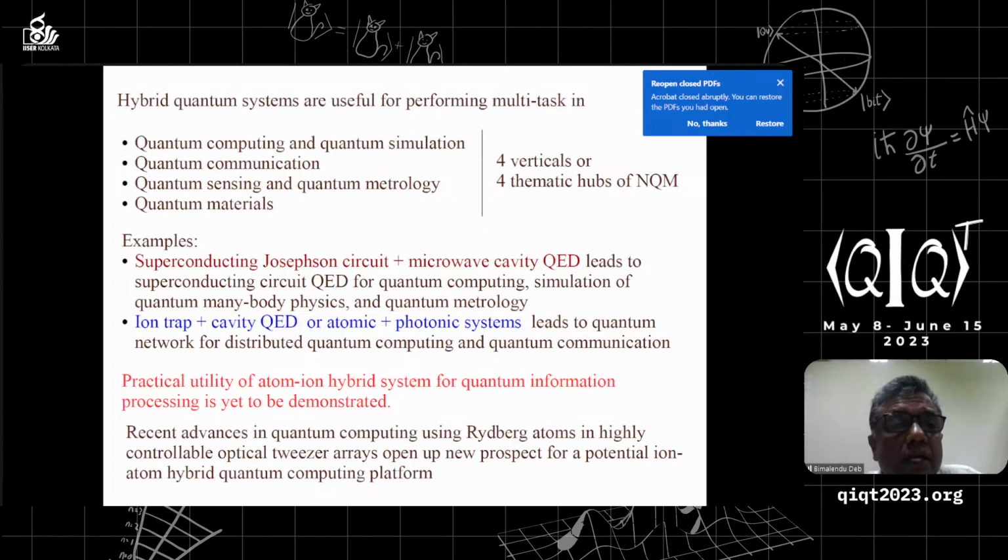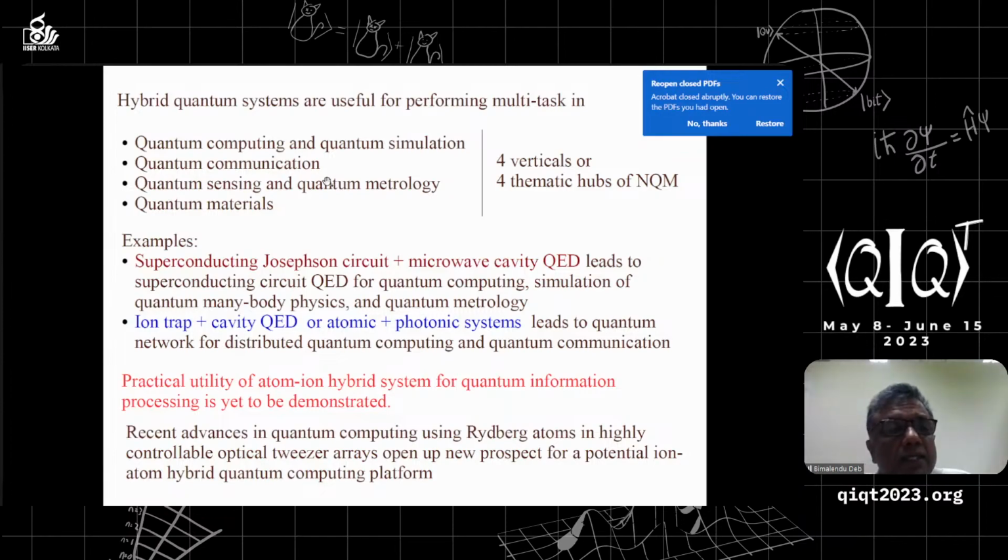Hybrid quantum systems are useful for performing multitasks in various areas. For example, quantum computing and quantum simulation, quantum communication, quantum sensing and quantum metrology, and quantum materials.